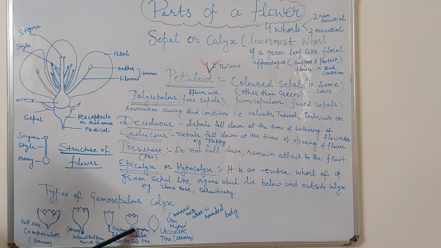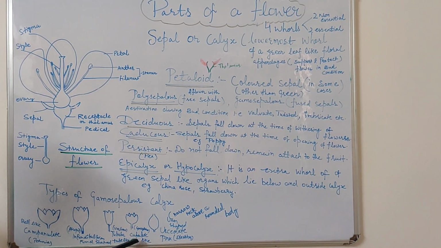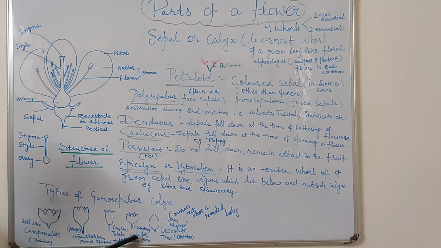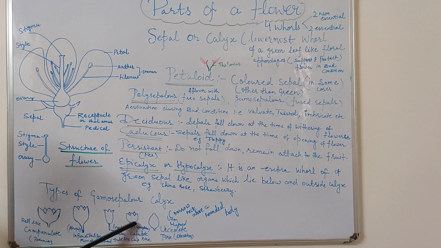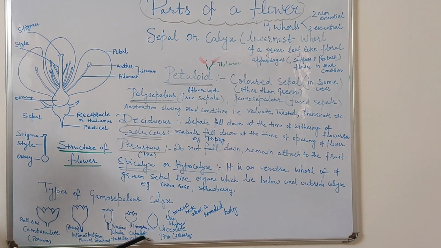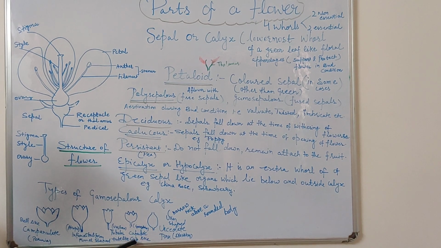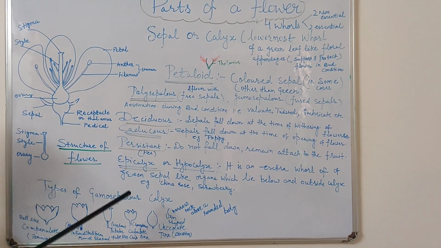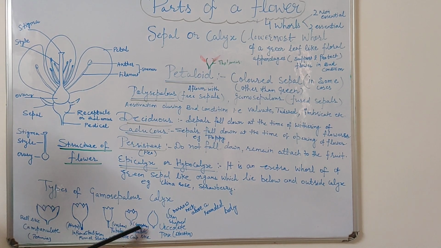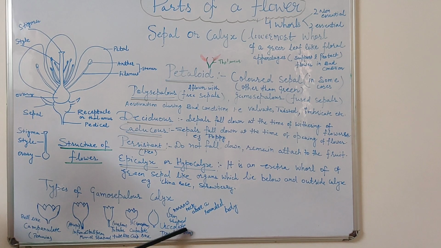And sometimes gamosepalous calyx is cup shaped and called cupulate. An example of cupulate calyx is gossypium. Gossypium flower has a cup-like calyx. And the next type is urceolate.